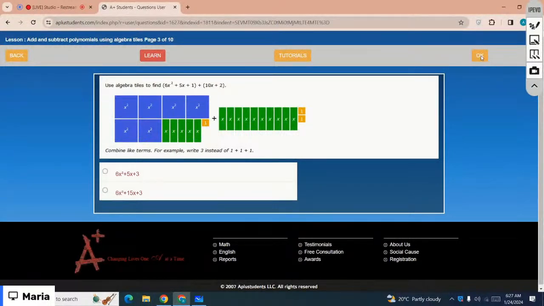The correct option is 6x square plus 15x plus 3. Option number 2 is the correct option.